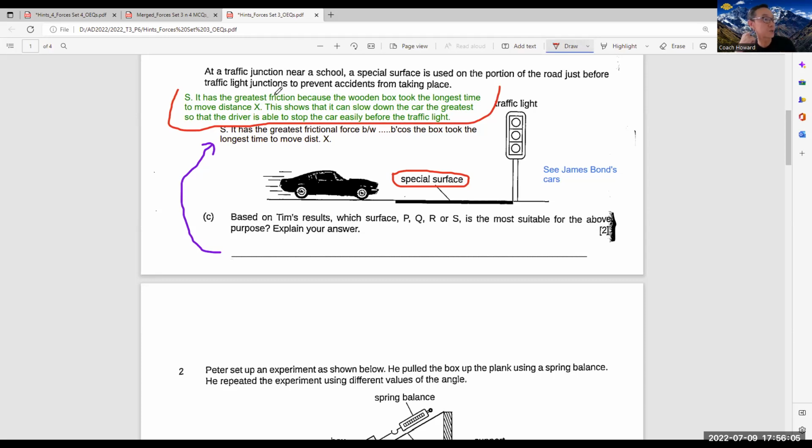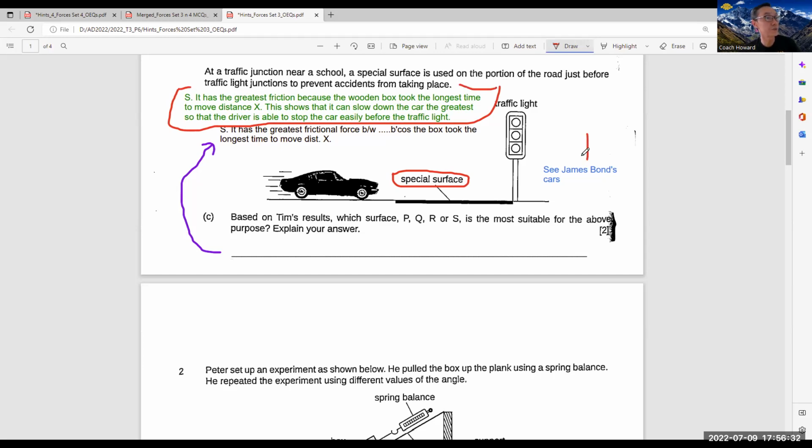This shows that it can slow down the car the greatest, so that the driver is able to stop the car easily before the traffic light. So this is the answer. Okay, so you take note of this.